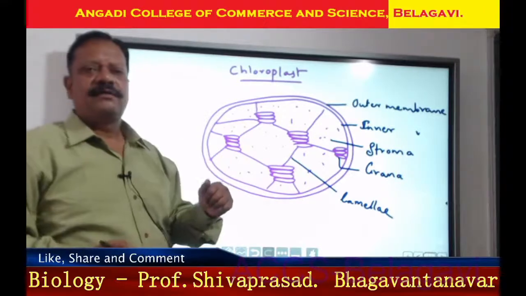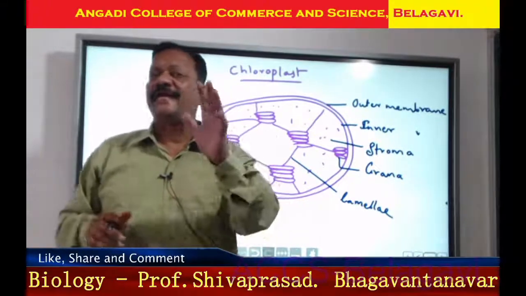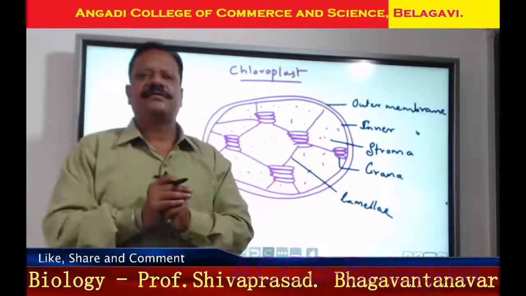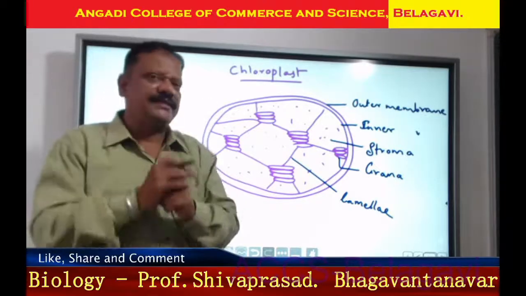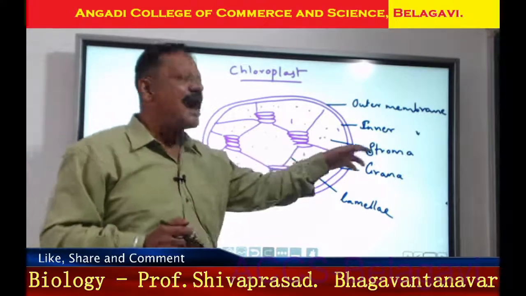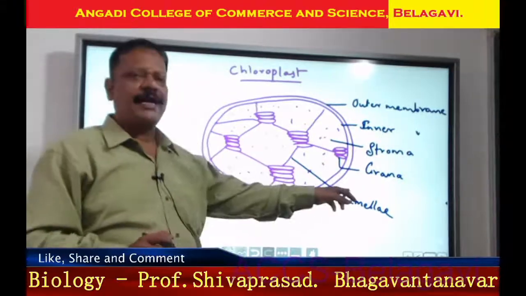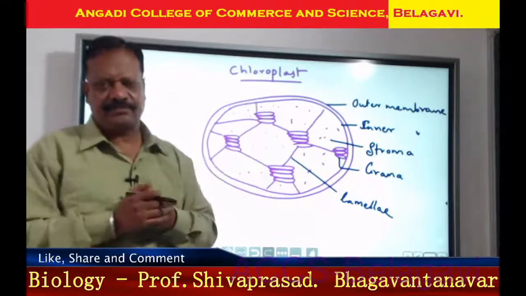And here, photosynthesis involves a light reaction. In the presence of light, photosynthesis takes place. As a result, the grana help in it. So the light reaction takes place in the grana part of the chloroplast.